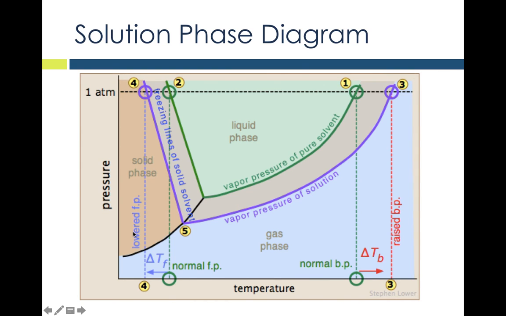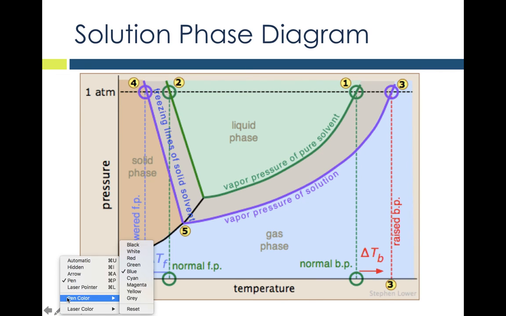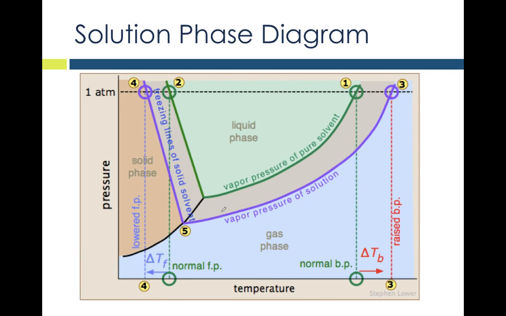All right, we've seen this phase change diagram once before. Notice how this phase change diagram changes depending on whether or not you're adding basically any sort of salt or sugar, whatever it is you're adding.